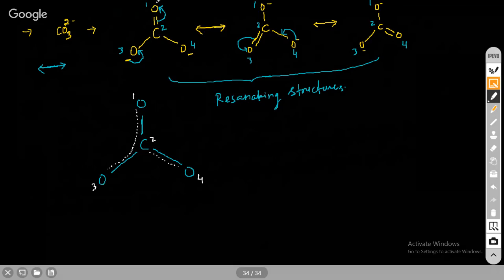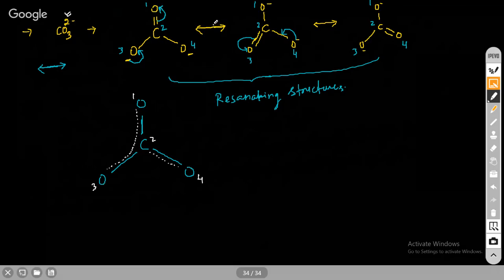One more thing, if I ask you about the charge on the oxygen atom, you see on the first oxygen there is no charge in the first structure, but in the last two structures we have negative charge, right? So this 2 negative charge is equally distributed over the oxygen atoms.